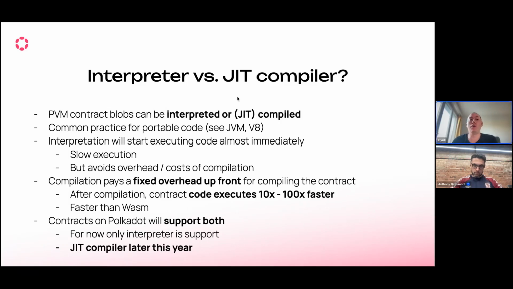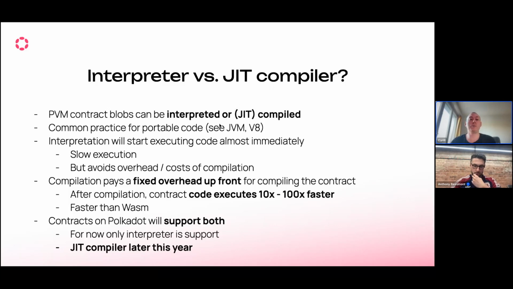But if you compile your contracts, yes, you pay a fixed upfront overhead, but after compilation, your code executes much, much, much faster. It executes at near native speed, and I mean actually near native speed, as we'll see in some benchmarks.